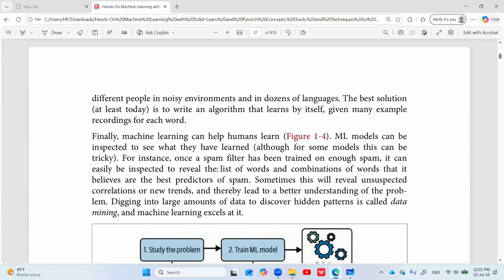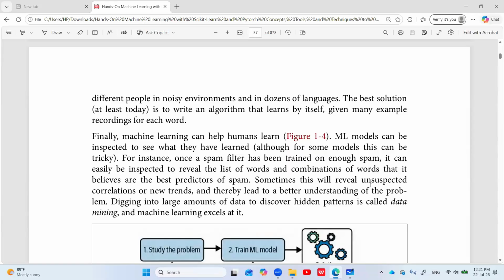As an example, the spam filter has been trained on a sufficient number of spam. Then it can be easily inspected to reveal the list of words and combinations of words that it believes are the best predictors of spam. According to that learning, it can showcase that these are the best predictors of spam.